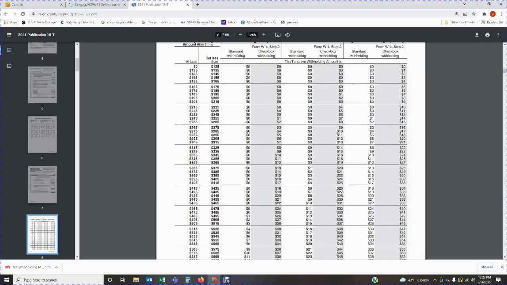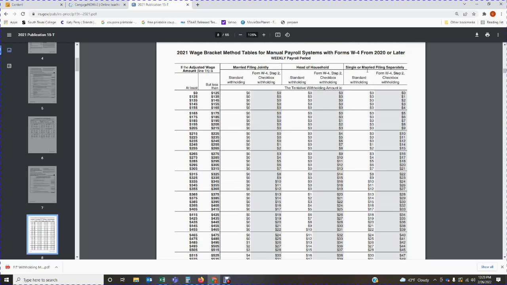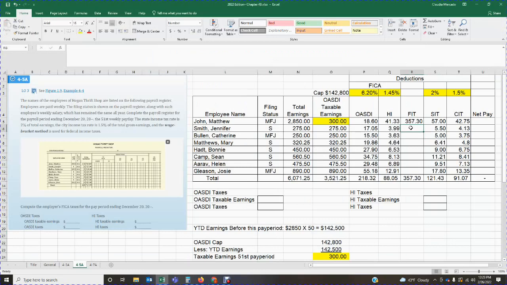And remember, we always use the second number where it starts off with that number, not where it ends, but where it starts off. So $275 and is single. If it's single, we're going to be using this last set of columns, the first number. That would be $4 of federal income tax. We're going to put that right there.